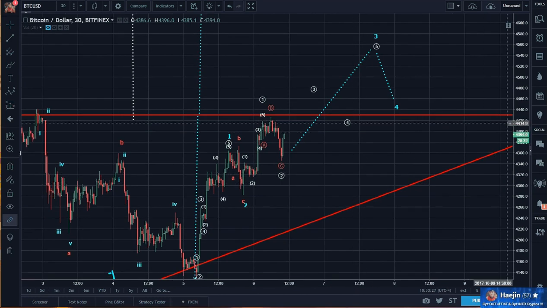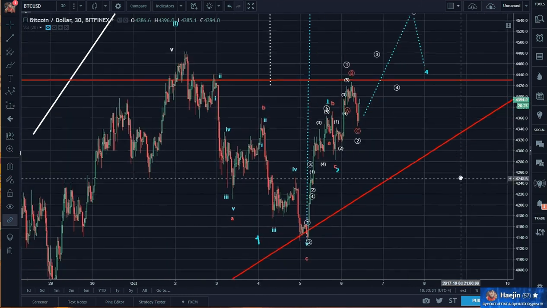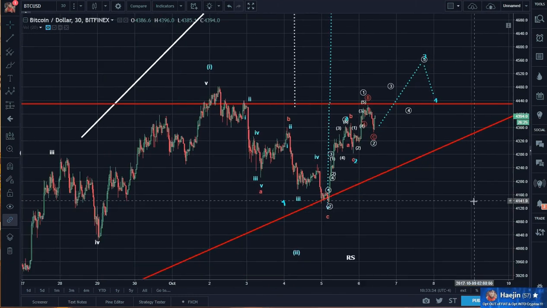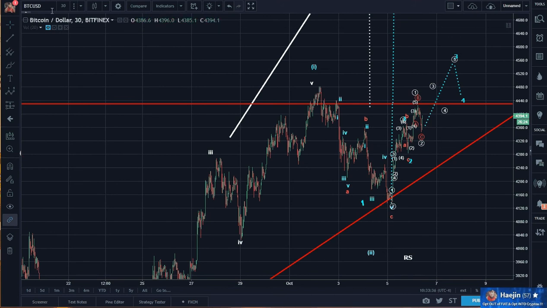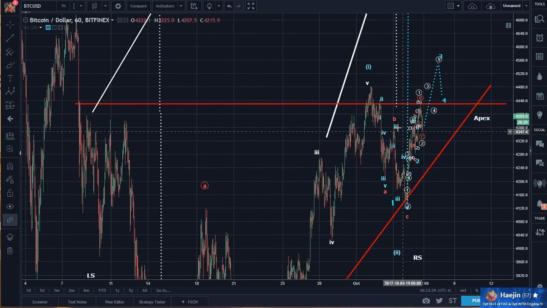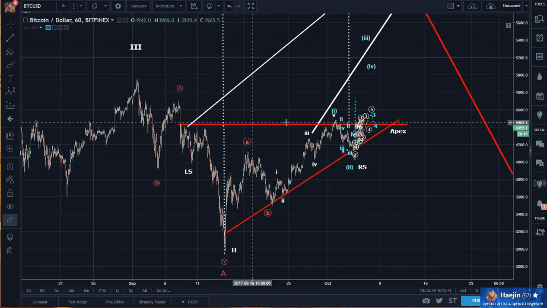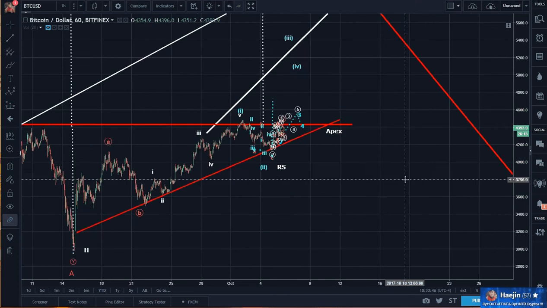Now, zoom back out again. The other thing I'm looking for as a potential. Okay, go back to 1 hour. There you go. Jeez, look at all the labels.